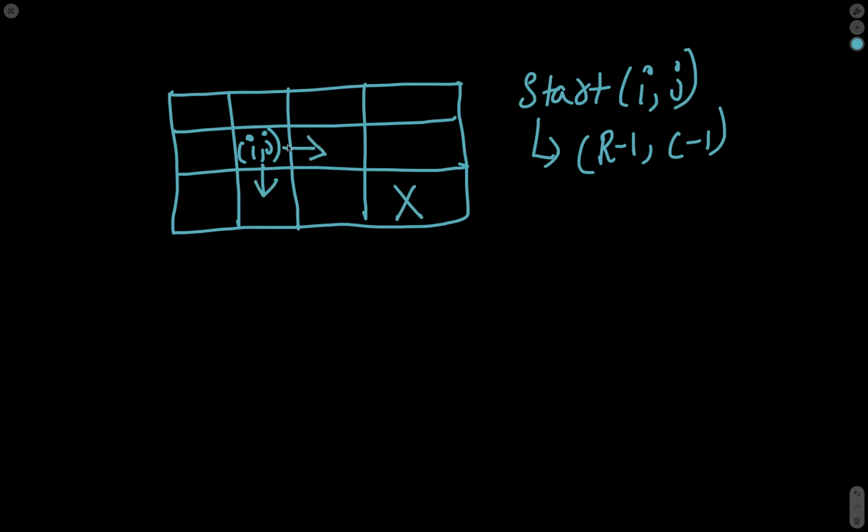So what should be the possible values for the next move from I comma j? The count of I comma j would be the count of all the paths from this cell to this cell, plus the count of all the paths while moving in the downward direction from this cell to this cell.